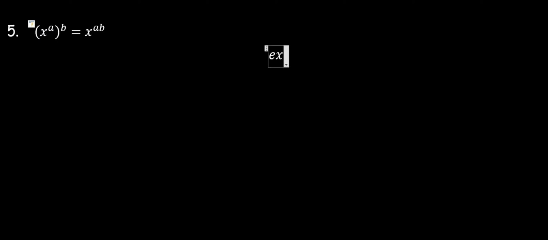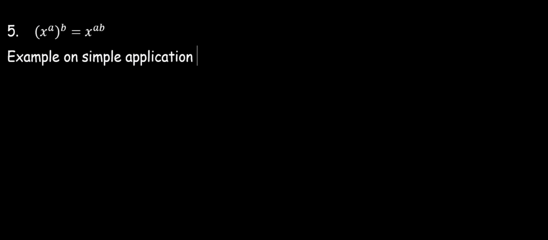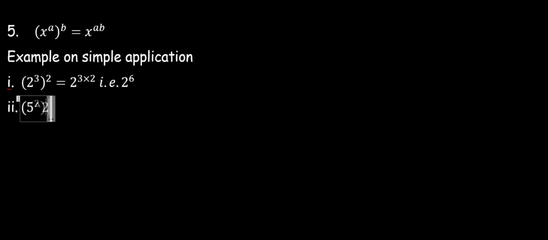Example on simple application. In the first one, bracket open 2 raised to power 3 bracket close squared is equal to 2 raised to power 3 times 2. That is 2 raised to power 6. Another example, bracket open 5 squared bracket close squared is the same as 5 raised to power 2 times 2. That is 5 raised to power 4.